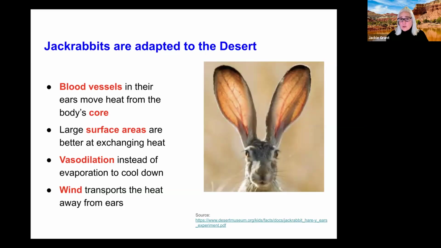So if you think about your dog in the desert, your dog pants and its nose is wet and it loses heat as the water evaporates off of its tongue and out of its nose. But for a rabbit, it doesn't want to lose the water because it lives in the desert. So it uses that vasodilation to cool down. And the wind transports the heat away from the ears.